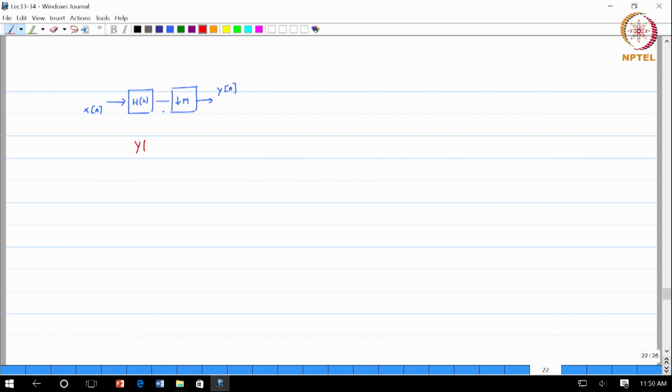This would be Y(z) equal to X(z)H(z) downsampled by M, but I am not able to pull X(z) out. So this is not LTI, because when I downsample X(z), I will get all the shifted versions. So this is not LTI, because I cannot take out X(z).